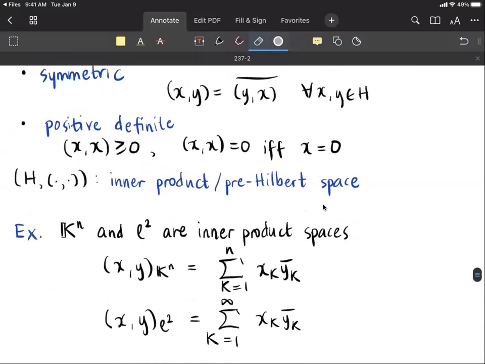Two classical examples, of course, the Cartesian product of the field K n times. The inner product with respect to K^n is just multiplying the corresponding components, but you need to take the conjugate with respect to y, and then take the sum.